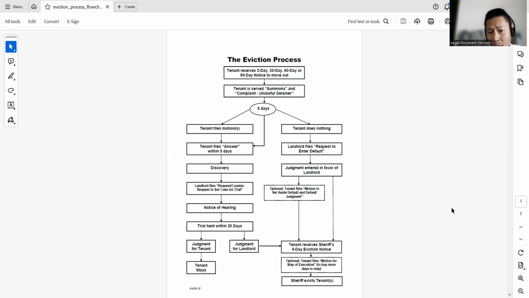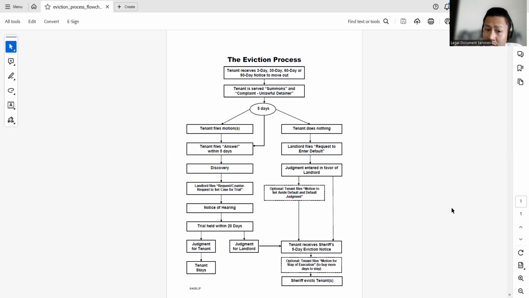And then there's an option for the tenant to file the motion to set aside default and default judgment. The tenant would receive a 5-day eviction notice from the sheriff anyway. And then he would have an option to file the motion for stay of execution to buy more days to stay, but eventually would get evicted.